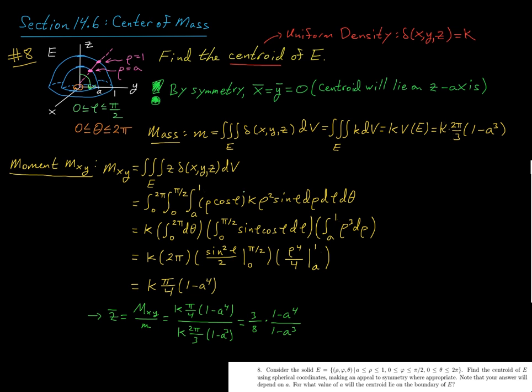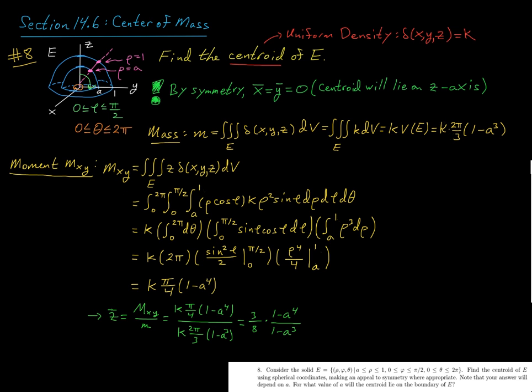Then we have the theta integral, and the integrand is totally independent of theta, so that's just going to give us this integral from 0 to 2 pi of d theta, and then I just put the constant out in front. And these are all pretty straightforward integrals. This phi integral, you may want to integrate with a substitution. You could set u to sine phi. But in any event, you're going to wind up getting k times pi over 4 times the quantity 1 minus a to the 4th for this xy moment.